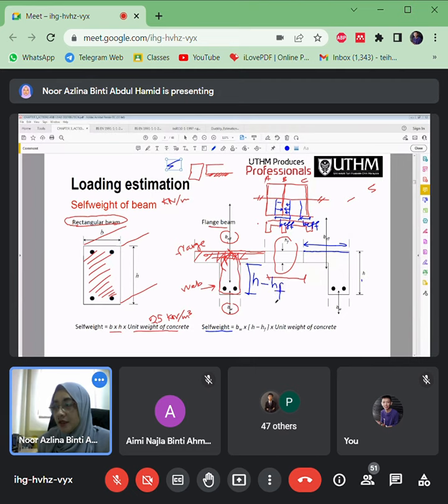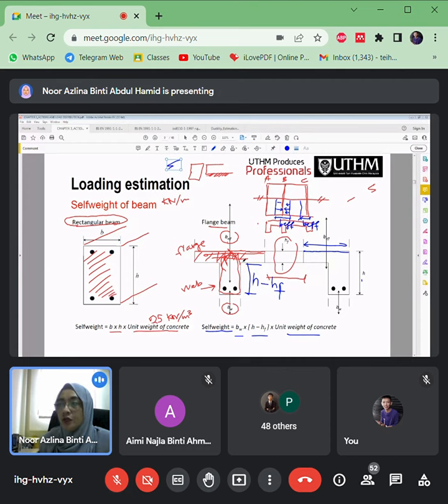This is how we calculate it: the width, multiplied by the height minus the thickness of the slab, and then multiplied by the unit weight of concrete. For this beam we consider the whole cross section, because it does not have any combination with the slab.